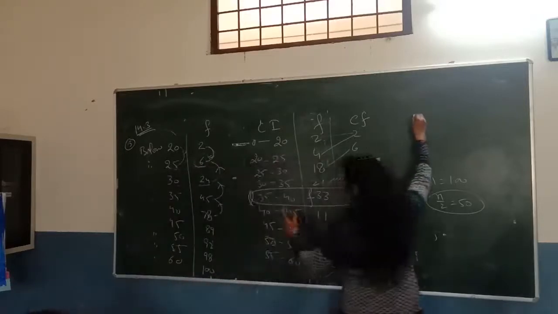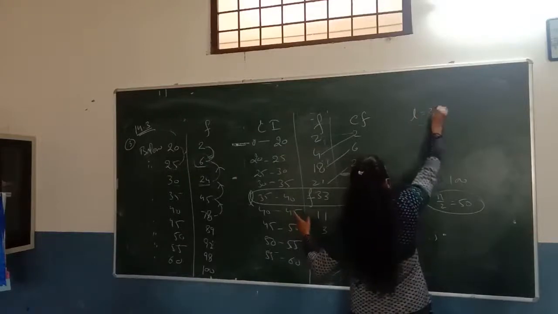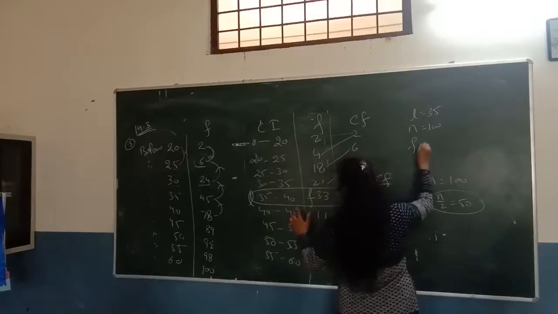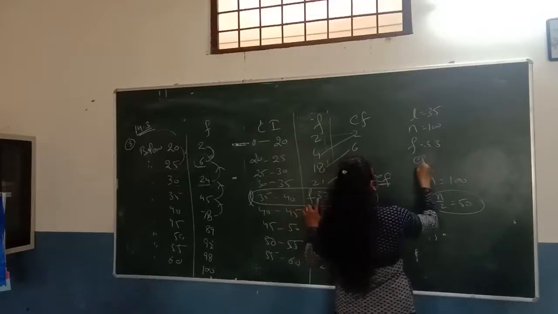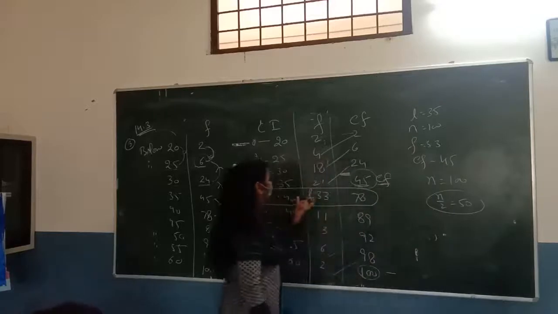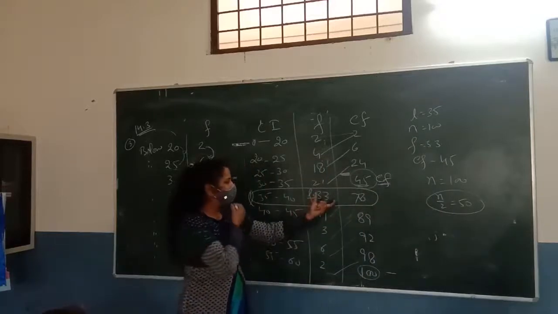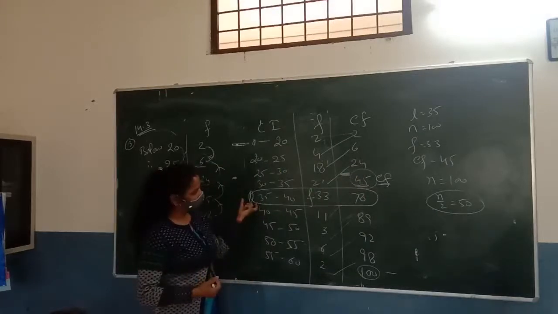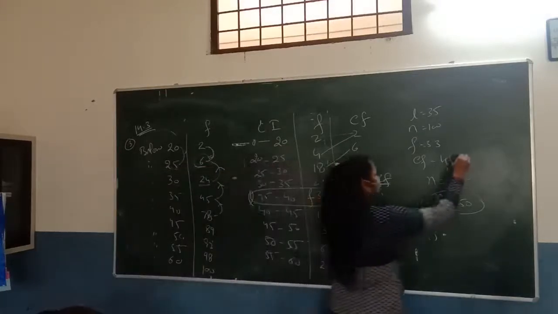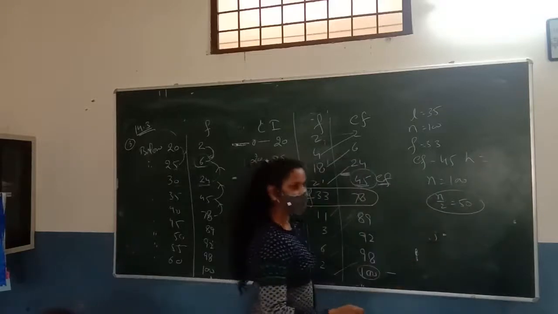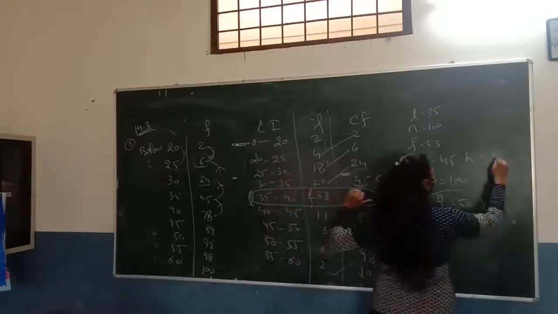So we can write the values here. L is 35. N is 100. Frequency is 33 and CF is 45. Did you understand all these things? The frequency is of the median class, the CF is of the class above, not of the lower limit, and H is 5, which is their class size, called H.